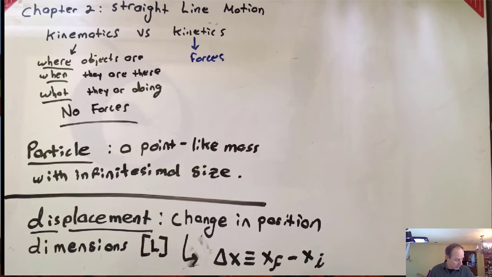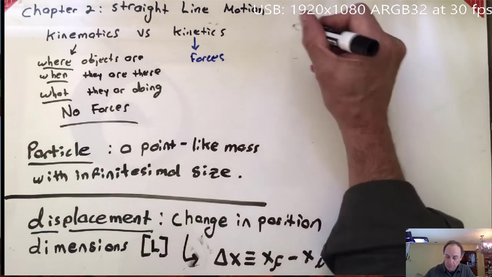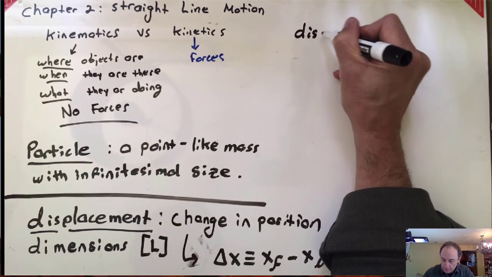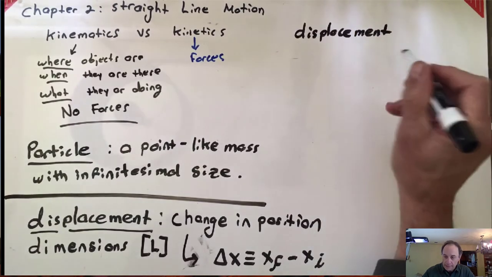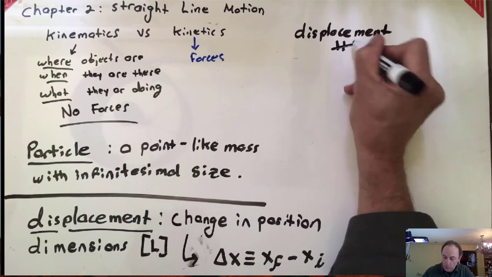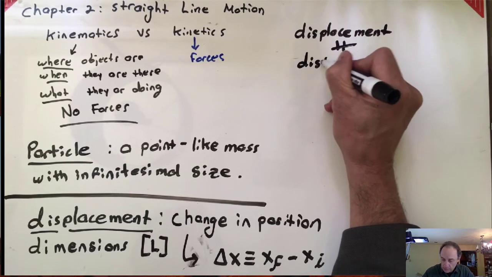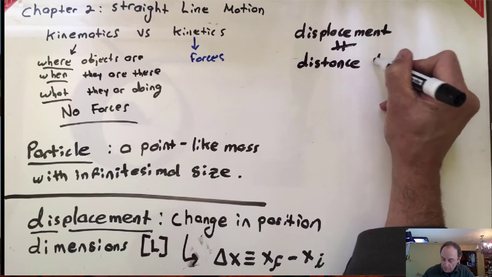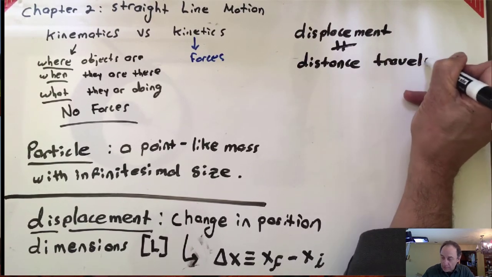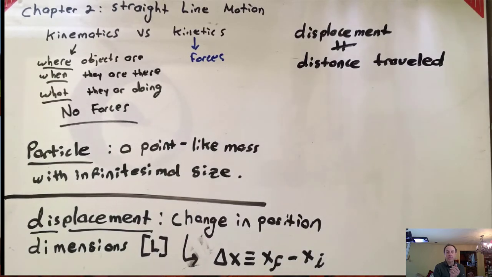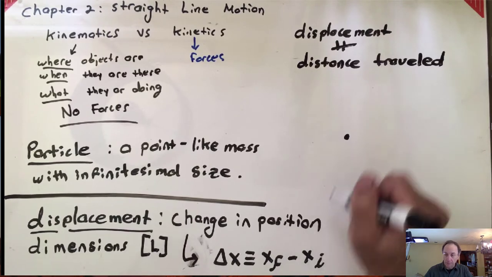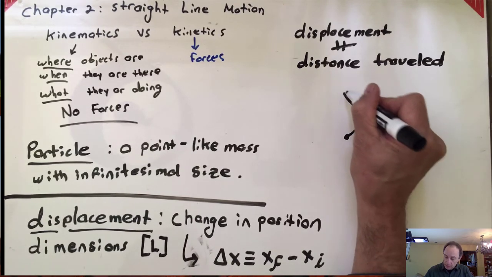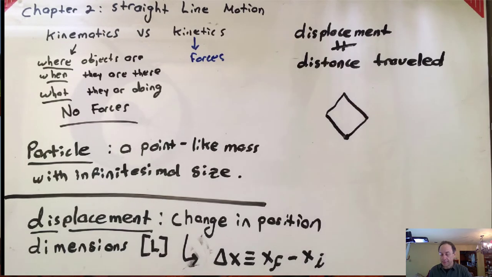Okay, now, notice that this is different than distance traveled. All right? Displacement is not equal to distance traveled. As a rule. Certainly it could be, but as a rule it's not. For example, if you take a baseball diamond, here's home plate, first base, second base, third base, home plate.